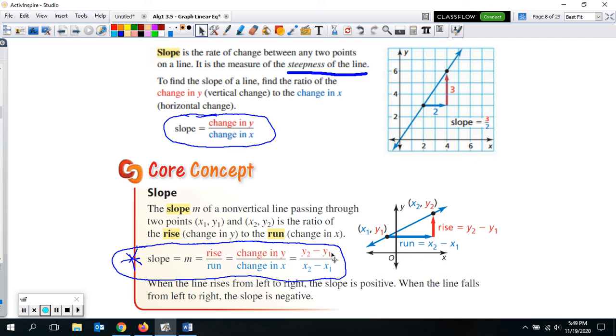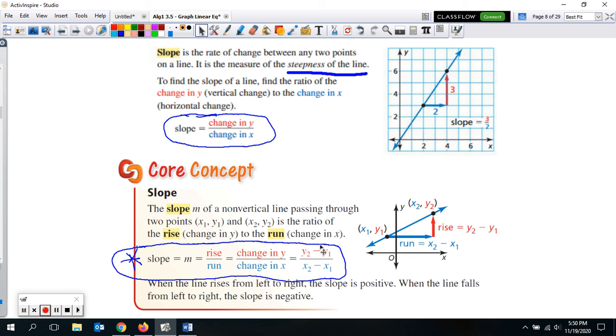Another way we can identify the slope of a line is doing this. If we knew those 2 points, so if we just knew the 2 ordered pairs, maybe we didn't see the graph at all. We don't have a picture of it, but we do have the knowledge of these 2 points here in ordered pair form. What we can do to find the slope of a line that goes through those 2 points is we can subtract the y's on top over subtracting the x's.